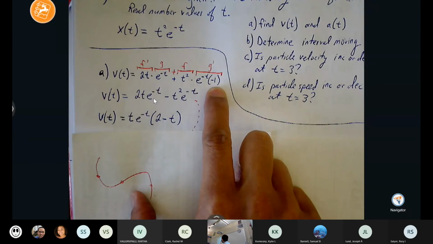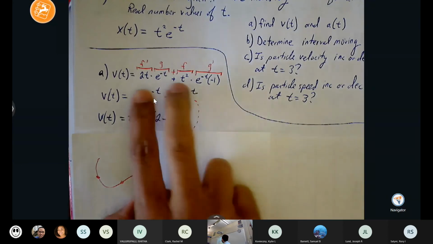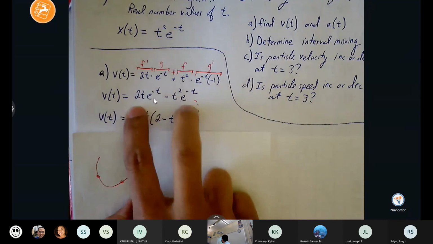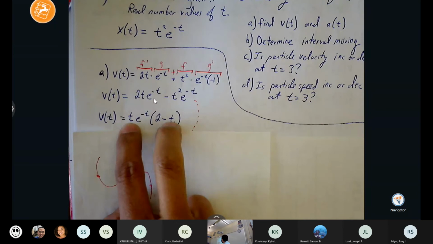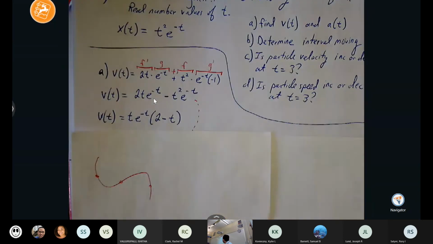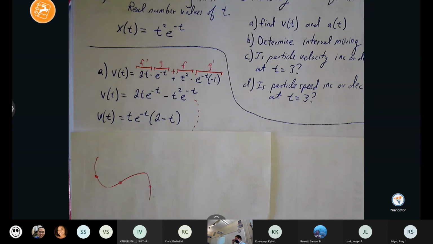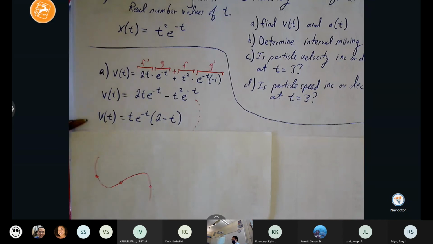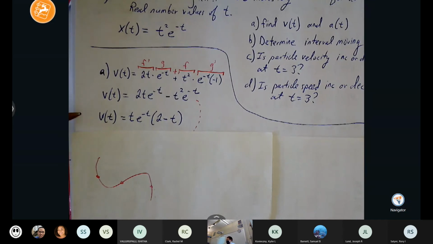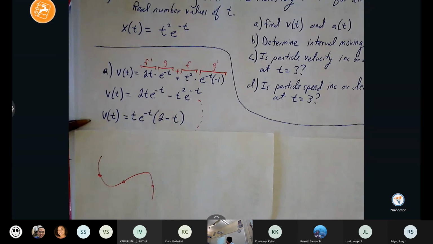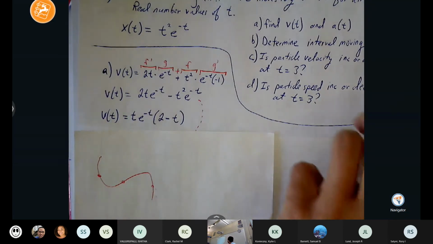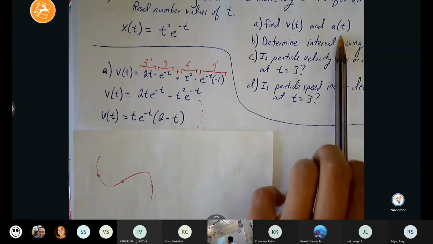Right? Combine my terms here. Recognize that I have a GCF I can take out, t e to the negative t. So this will come in handy when we are ready to do the sign line, but we're going to go ahead and move on and find our acceleration function.